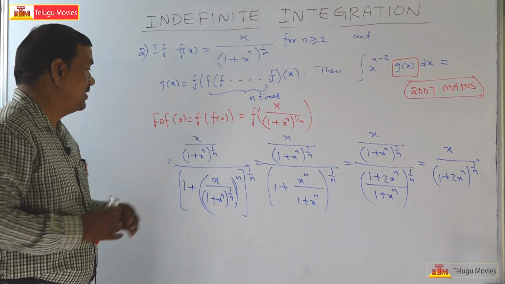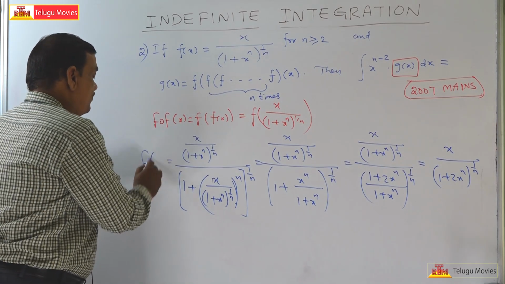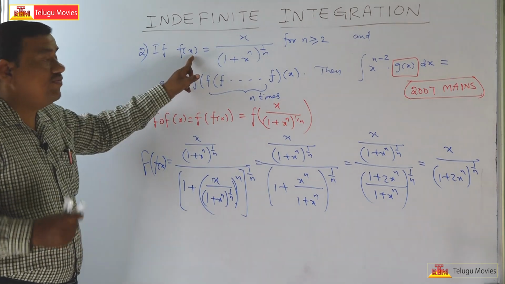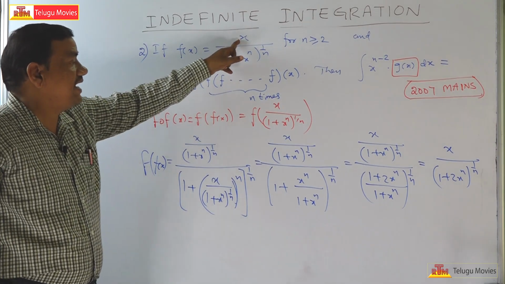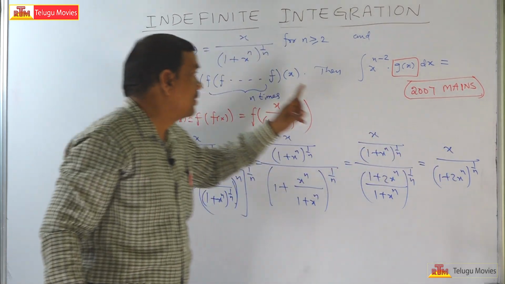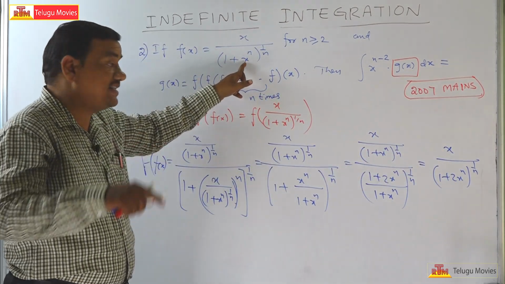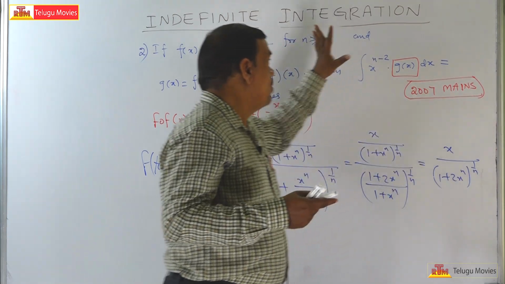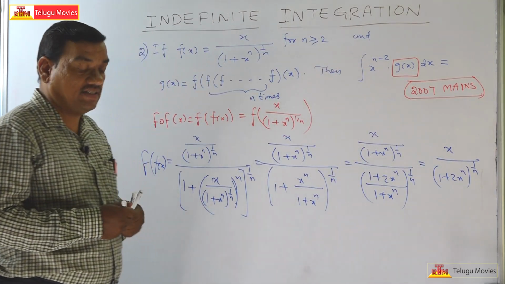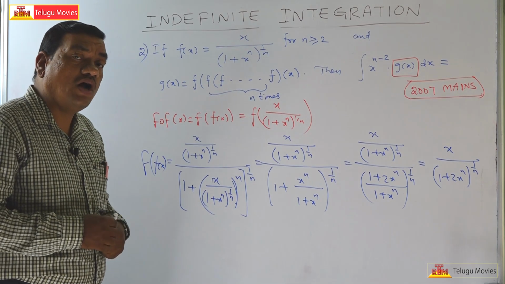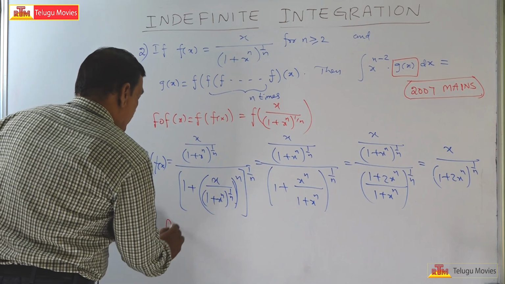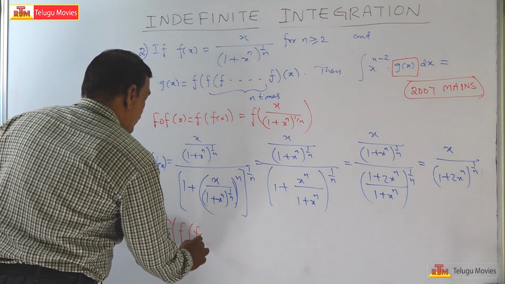What do you observe here? So it is f of x. If one f of x is there, x came, here also x came. 1 plus x power n is there, here 1 plus 2 into x power n is there, whole power 1 by n. So if you go in cyclic order, what will be your f of x?